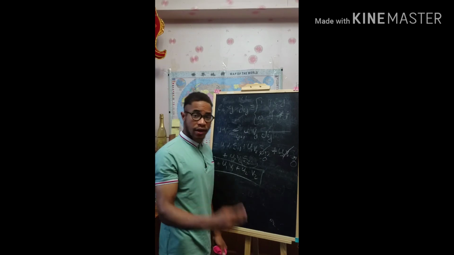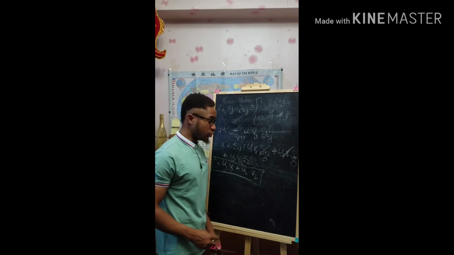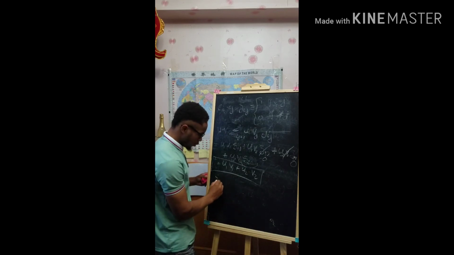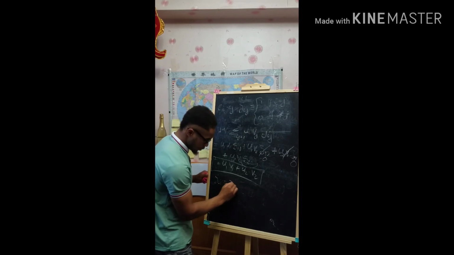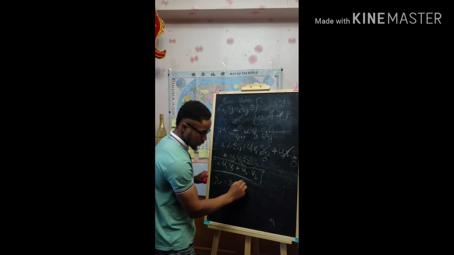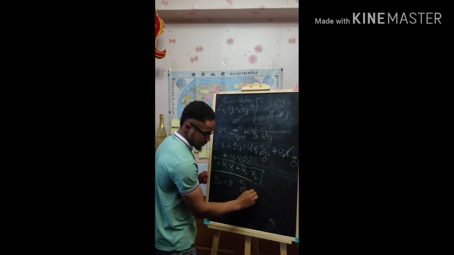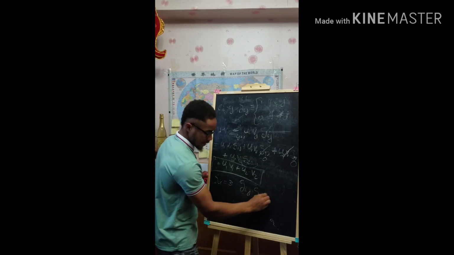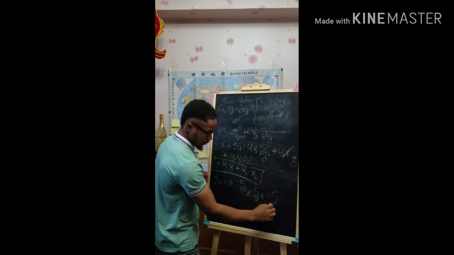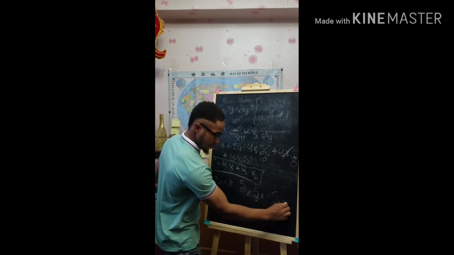And other information that you should know is that Kronecker delta ii equals 3, and Kronecker delta ij times Kronecker delta jk equals Kronecker delta ik.